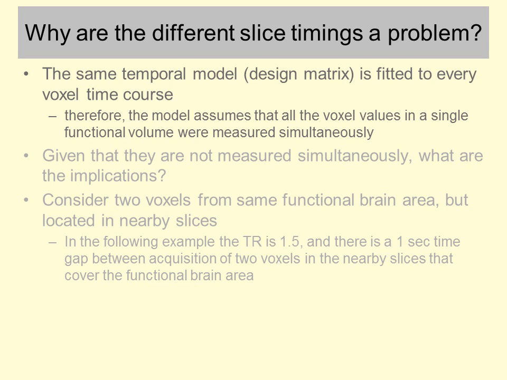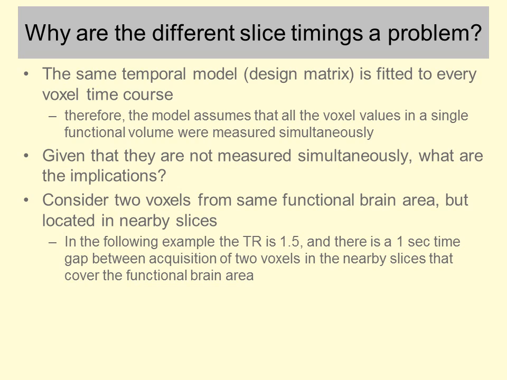But we've now seen that it's actually not all acquired instantaneously, it's acquired in a set of slices that occur over the 2 or 3 second TR. So we need to consider what the implications of this are, and to do this let's think about 2 voxels which are part of the same functional brain area, but they're located not in the same slice, in nearby slices.